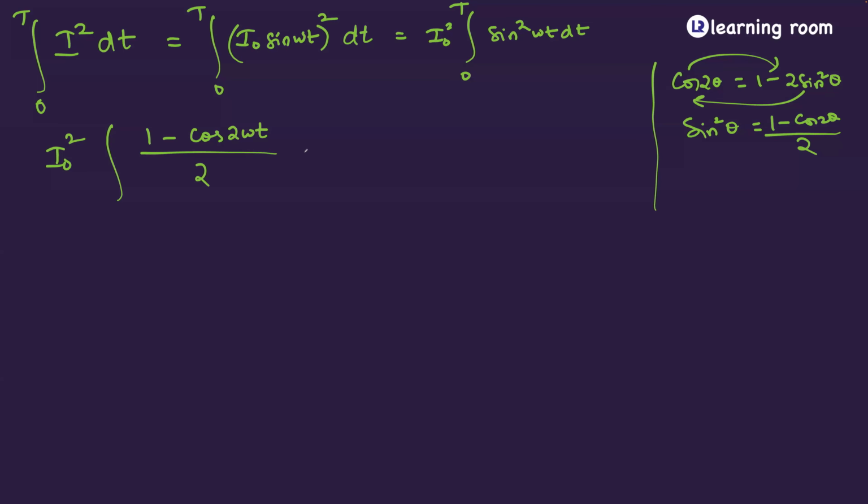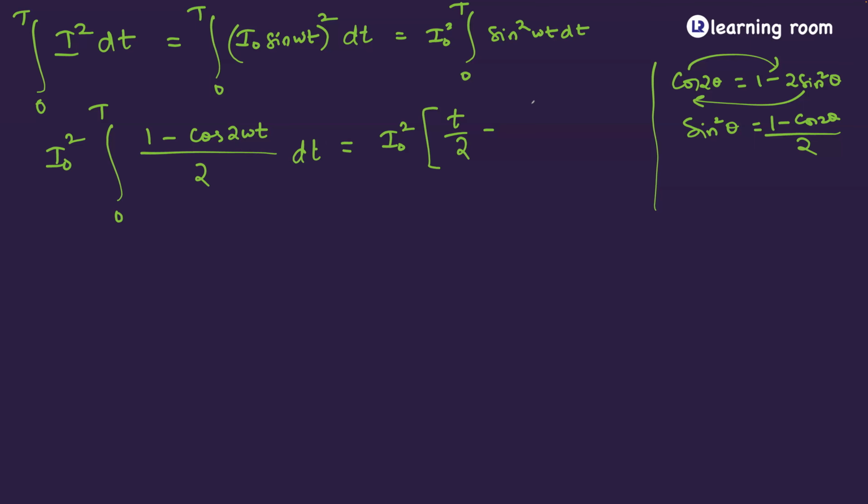So don't forget with respect to which function you're integrating. Now this will be equal to I naught square into what is going to be the integral of half? It is t by 2, right? Remember, the limits are between 0 to capital T. Minus, what is going to be the integral of cos 2 omega t by 2?